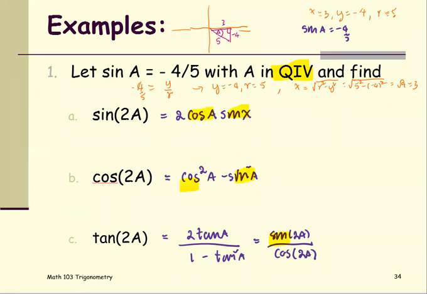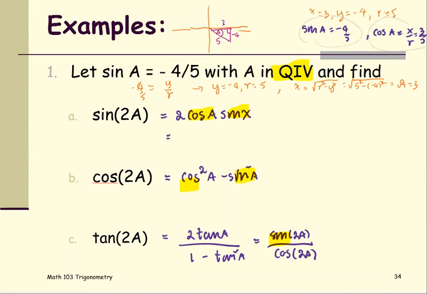Right, and we know the x value. Therefore, by the definition of cosine A, which is x over r, the cosine is going to be 3 over 5. Now we use the numbers for the sine and cosine in the formulas for the double angle of the trig functions.